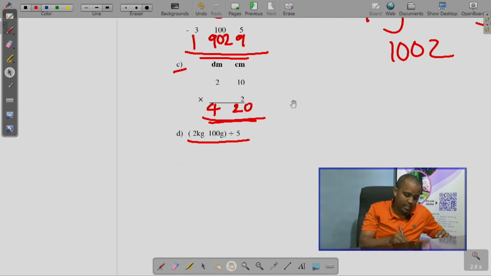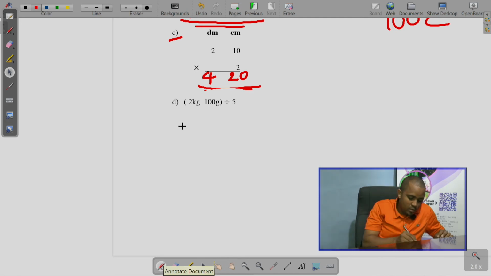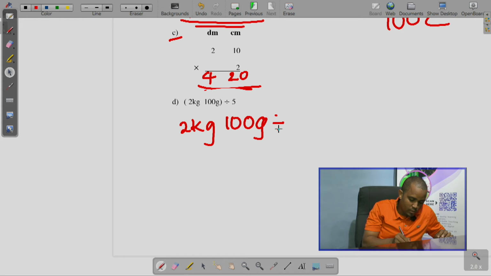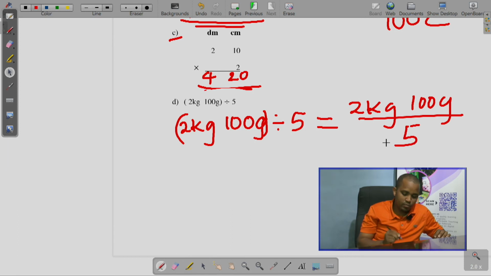So how can we divide these quantities of mass by 5? It can be divided as follows. So 2 kilogram 100 gram divided by 5, which we are required to divide by 5.